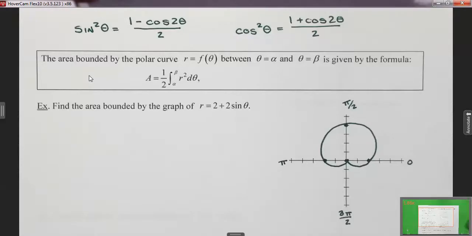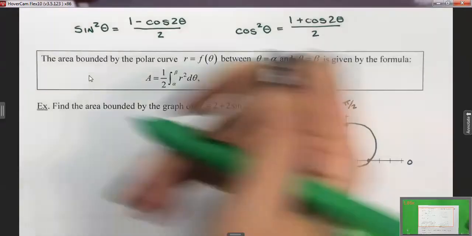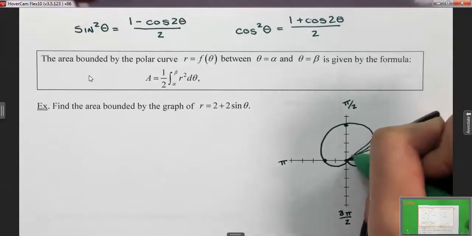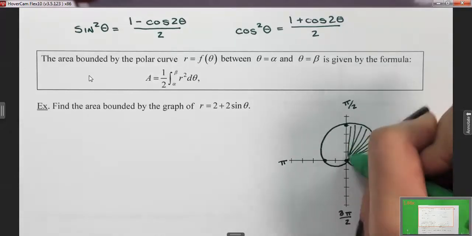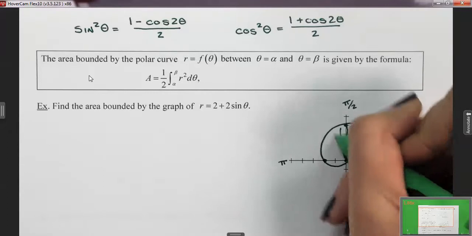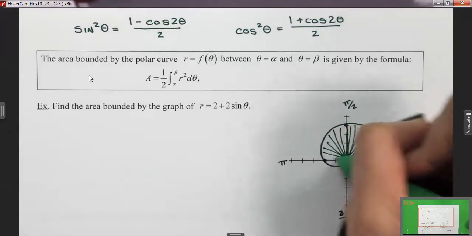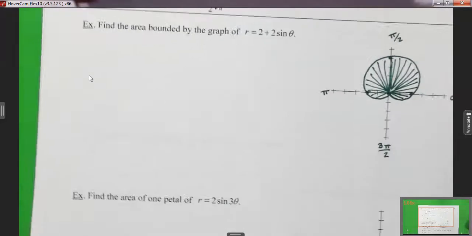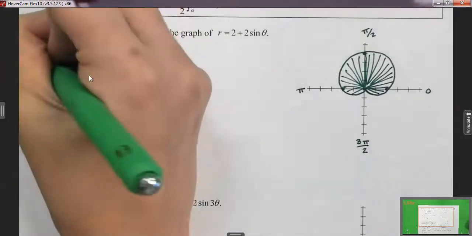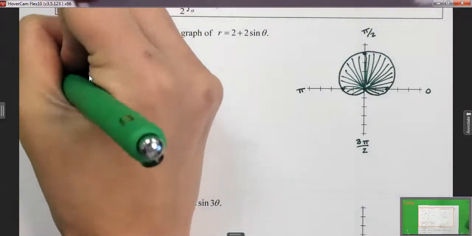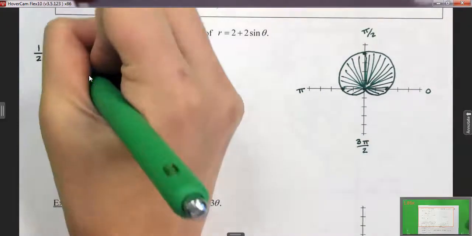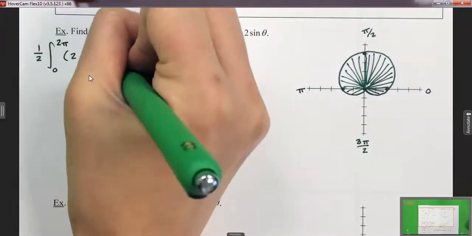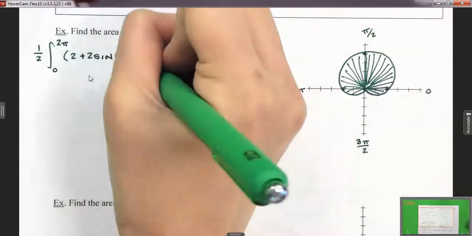Okay, so let's go back, and then we'll use the formula because we're going to integrate all the way out. We want the whole thing. So I can integrate from 1/2 integral 0 to 2 pi of (2 plus 2 sine theta) squared d theta.